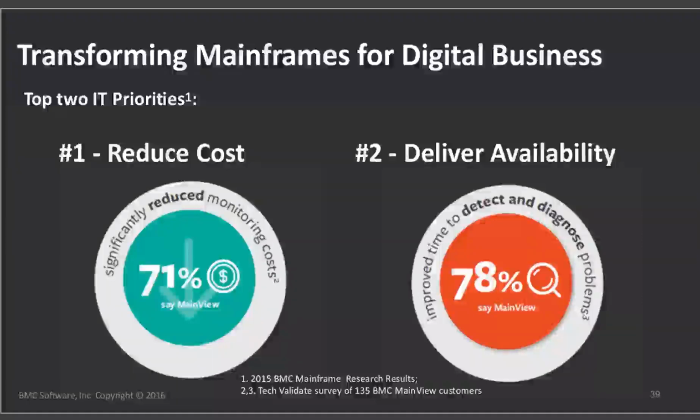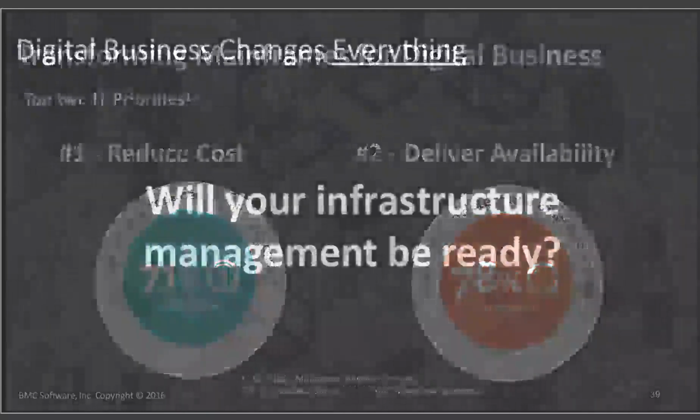And if we go back to the top two priorities, reducing cost and delivering availability, from a survey of 135 MainView customers conducted by TechValidate, 71% said MainView significantly reduced monitoring costs, and 78% said MainView improved the time to detect and diagnose problems. So MainView customers find that MainView delivers on the top two needs of managing IT by reducing cost and delivering availability.